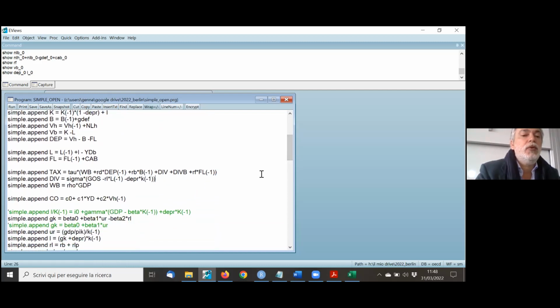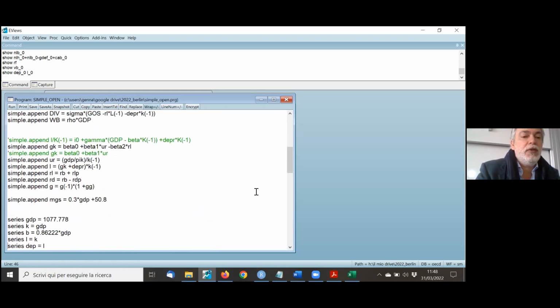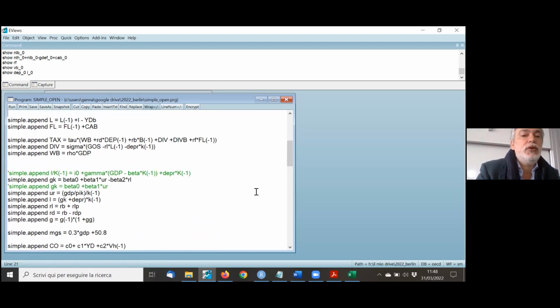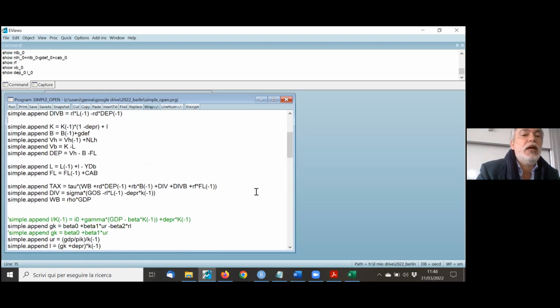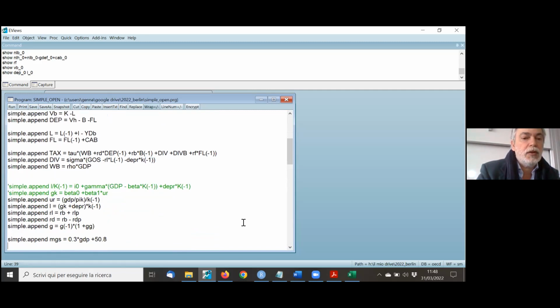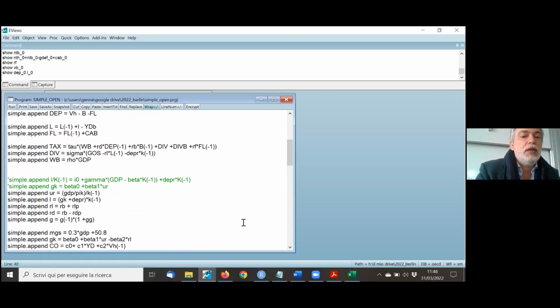One thing that you can do when you have this type of trouble is what I discussed with you for the empirical model. So I can move all the equations with the parameters, or the equations which are not accounting identities, to the bottom of the program. And now all the equations up to here should be accounting identities.